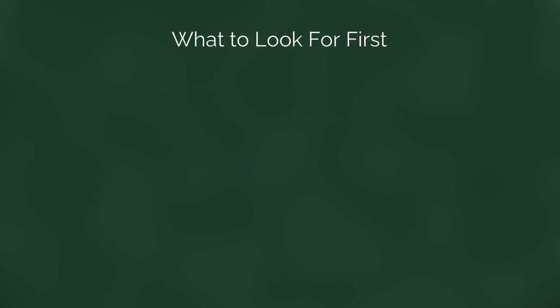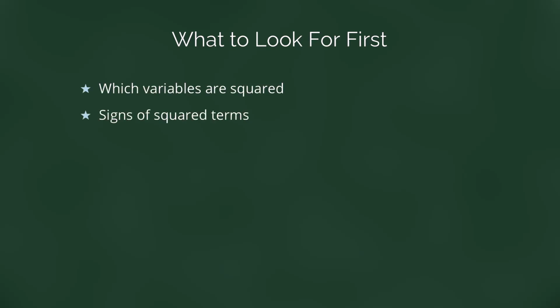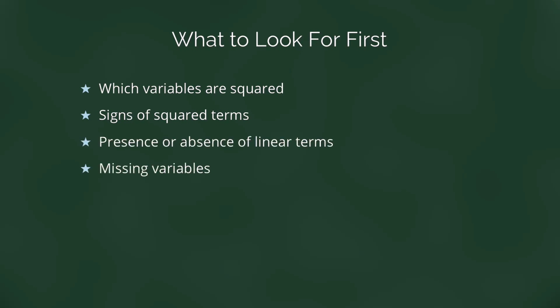We'll have four key things that we're going to be keeping an eye out for as we examine these. The first is which variables are squared. Then we're going to be examining the signs of the squared terms. We'll be checking for the presence or absence of linear terms, and we'll also be looking to see if we're missing any variables.